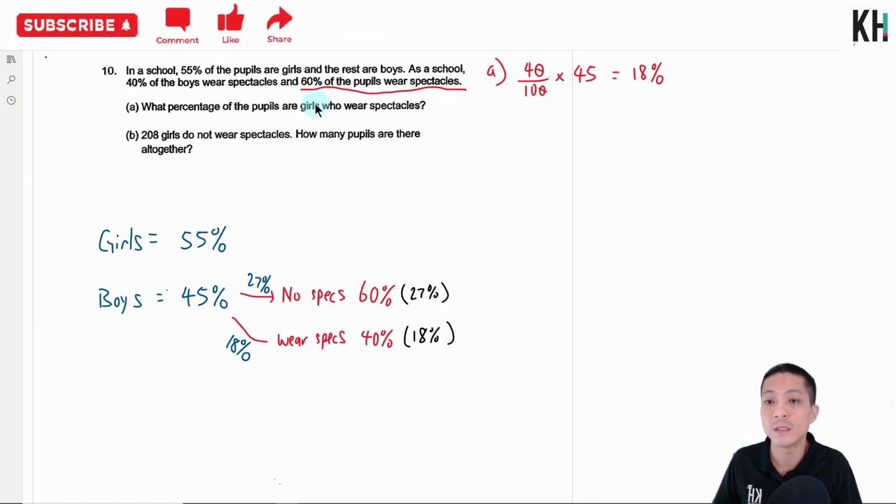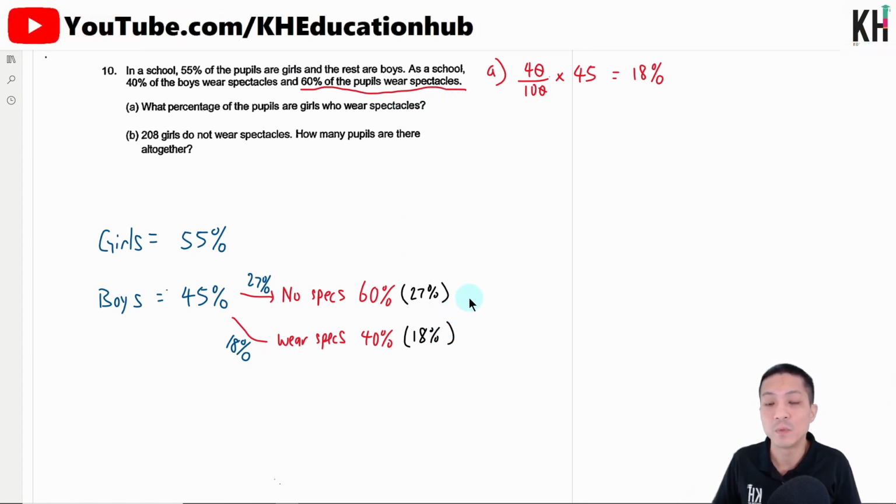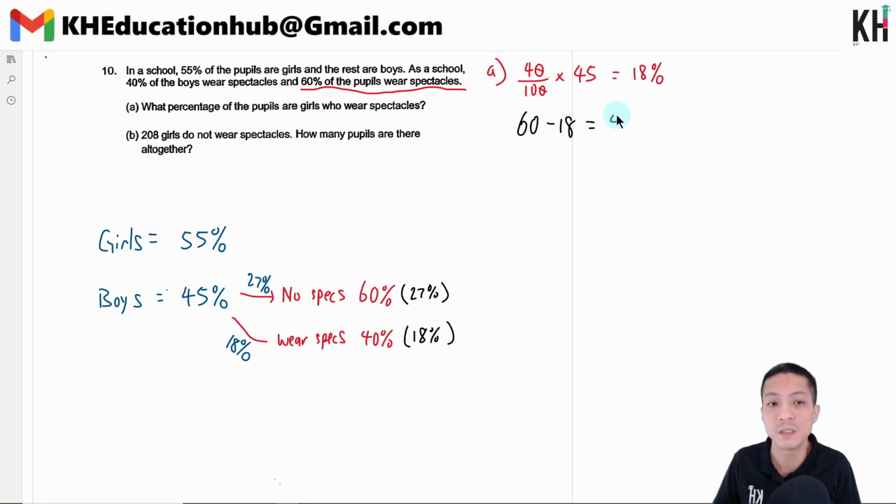Okay, then it says that 60% of the pupils wear spectacles. Since 60% of the pupils wear spectacles and 18% of them are boys, which means that 60 minus 18 will be 42%, right?